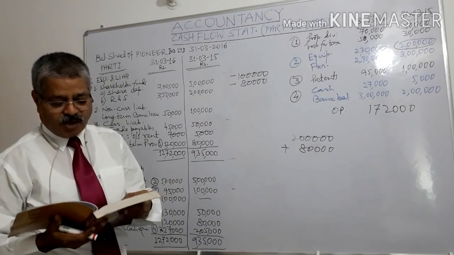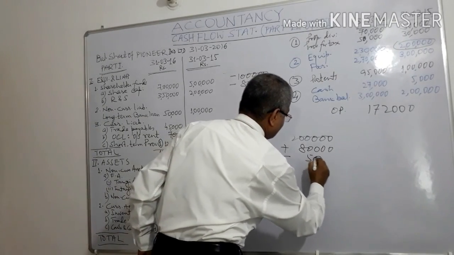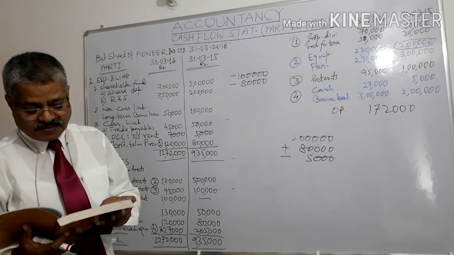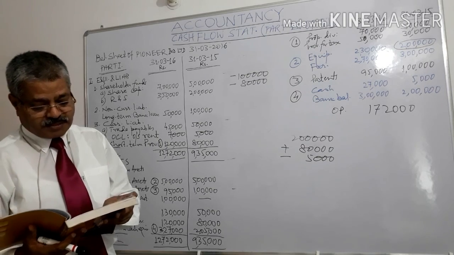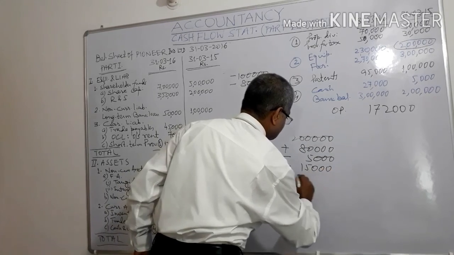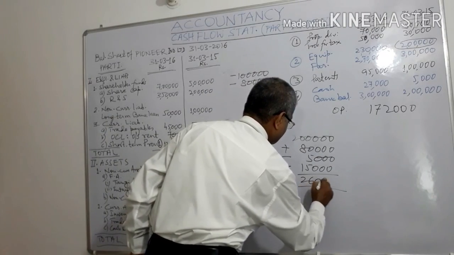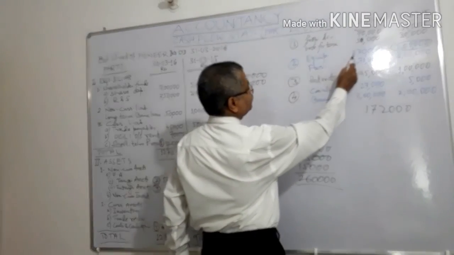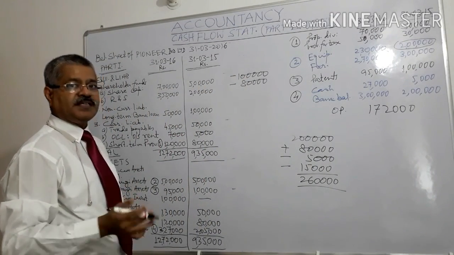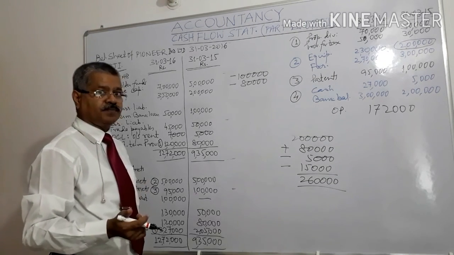Then sale of equipment amounted to loss of 5,000 rupees, minus 5,000, right? Then depreciation of 15,000 on equipment, minus 15,000. So what do we get? 280 minus 20, 260. This figure should be 260, but it is only 230. It means 30,000 of machinery has been disposed of, sold, right?